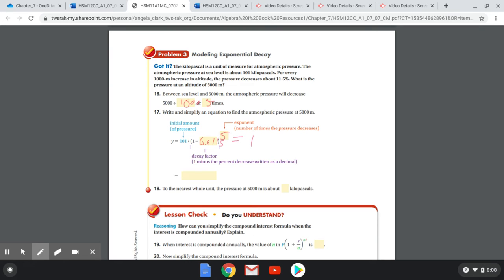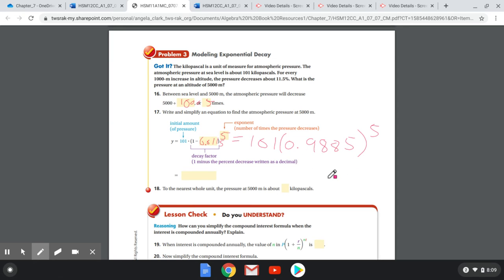So I'm going to rewrite this whole thing. This equals 101 times 0.9885 to the 5th power. I already did the 1 minus, so I don't need to write that. We did 1 minus the rate, and that gave us this.